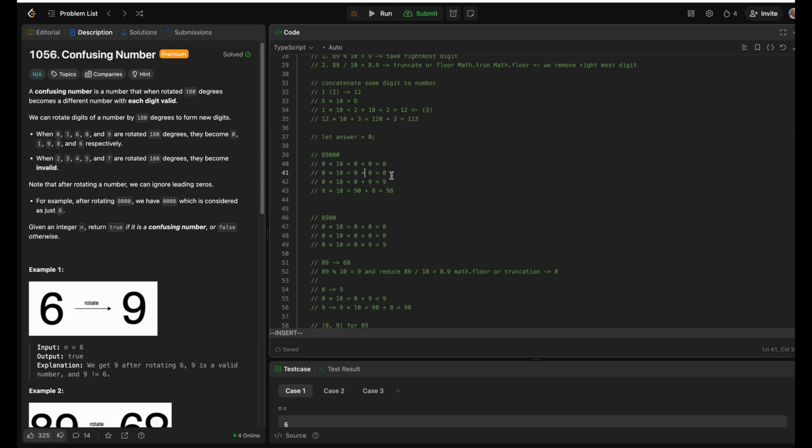We just don't move anything, and then we encounter 9, and at this moment we start to make it wider and just concatenate every digit with our answer. So then we'll have 98.